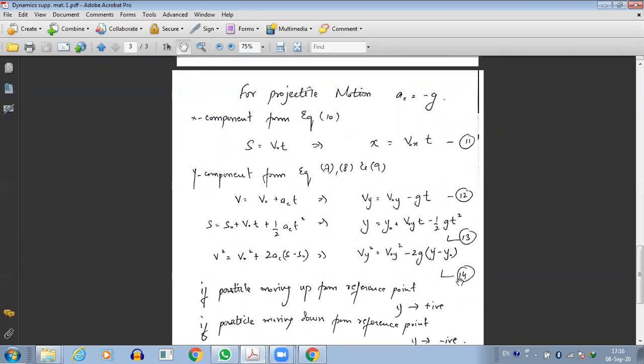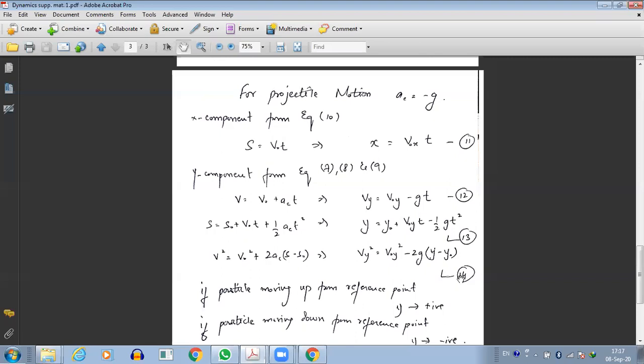Now you have these equations, but remember one thing: equation 11 is applicable in the x direction only. If any student puts equation 11 for the y component of the projectile motion, that is a mistake. Equations 12, 13, and 14 are only applicable for the y direction.